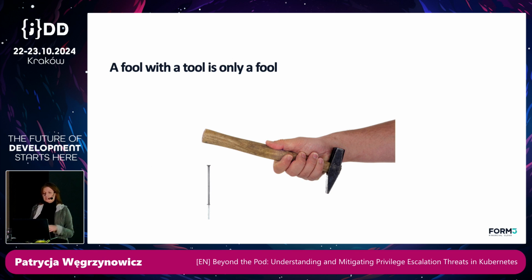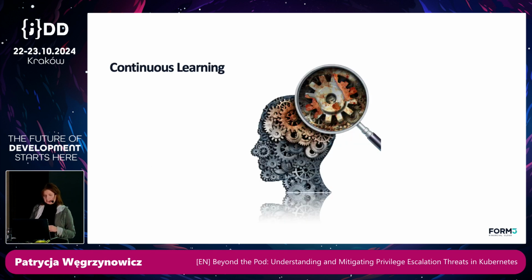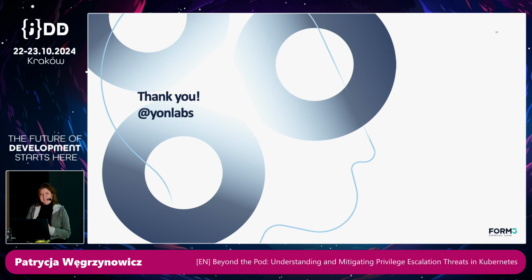Remember, a fool with a tool is only a fool, so we need to use our tools wisely, and we need to configure our Kubernetes clusters and workloads wisely. It's all about continuous learning, so that's what conferences are all about. So hopefully you've learned something during this presentation, and thank you for your cooperation in my hacking. Thank you.